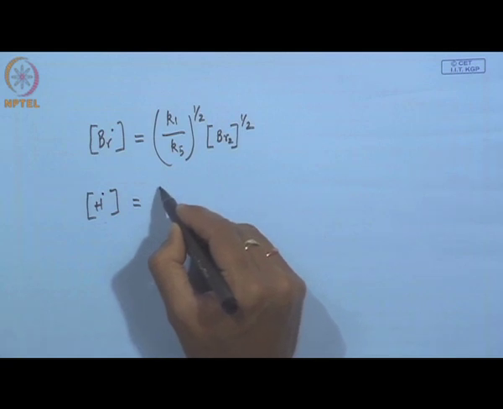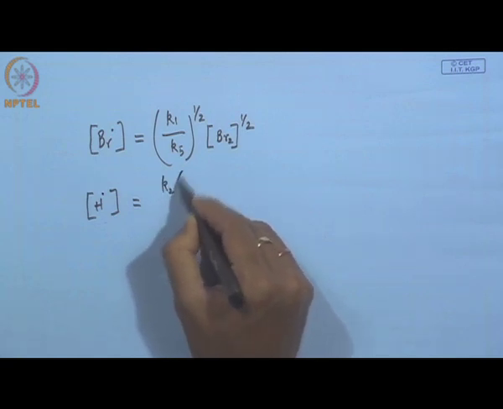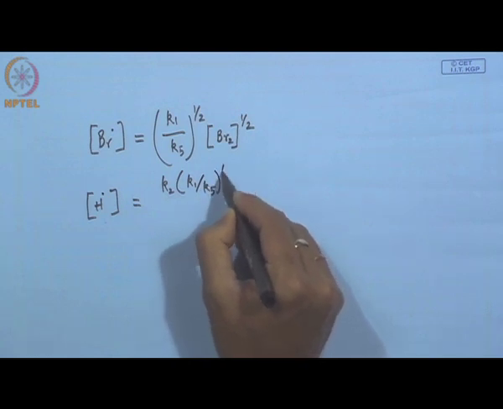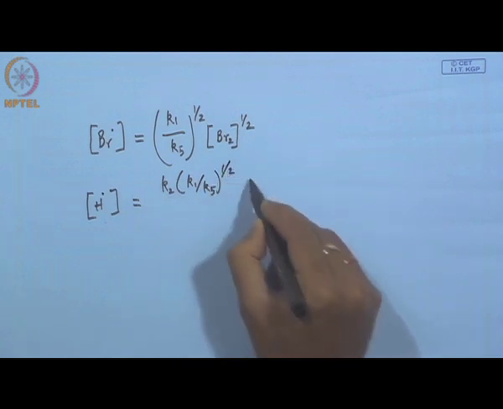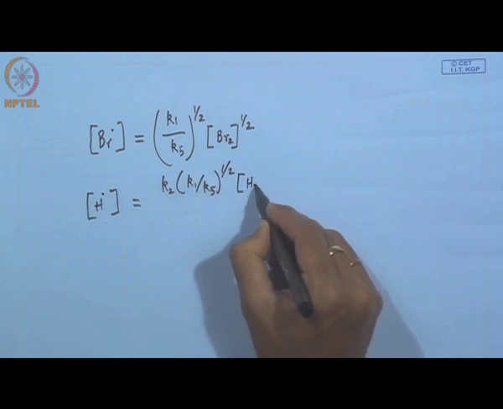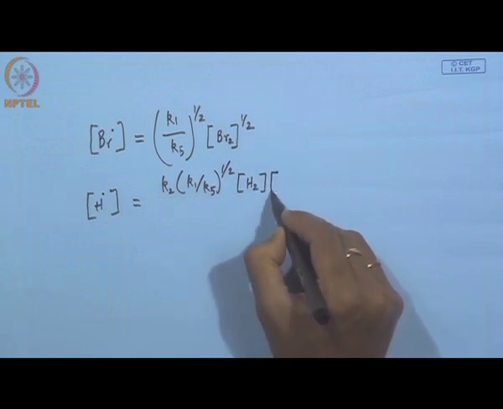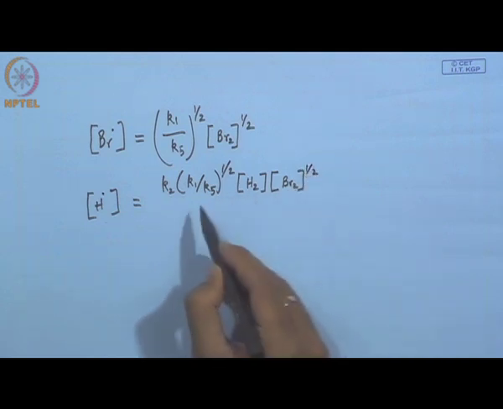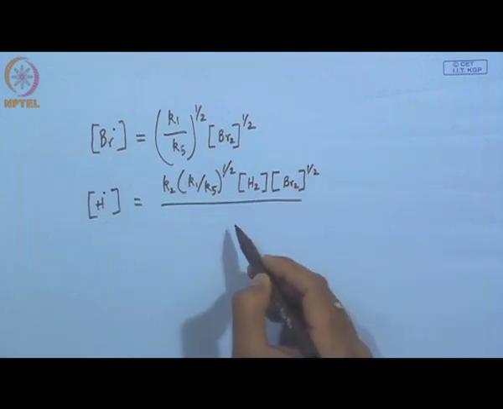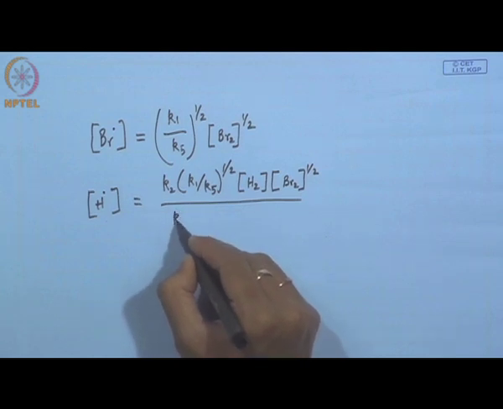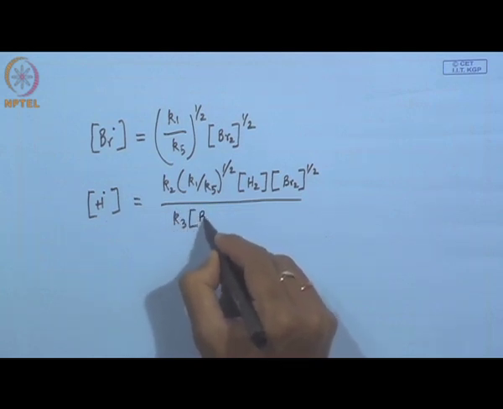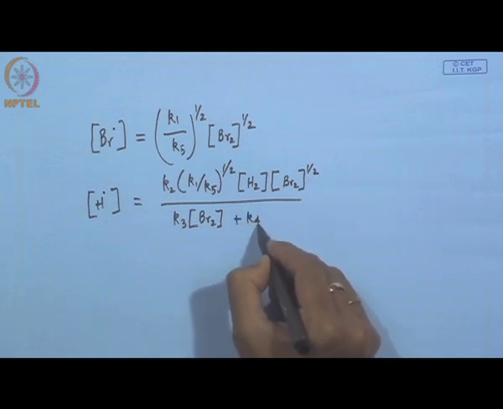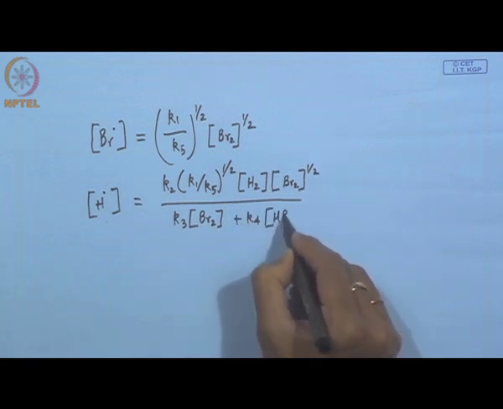H• is equal to k2 times (k1/k5) to the power half times [H2] times [Br2] to the power half, divided by k3[Br2] plus k4[HBr].